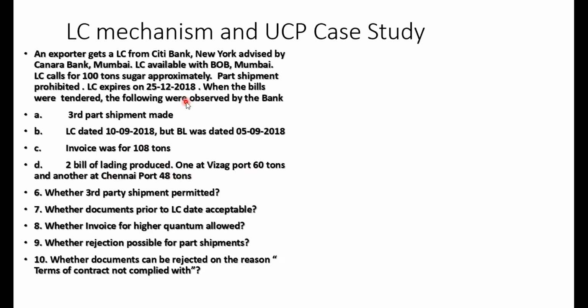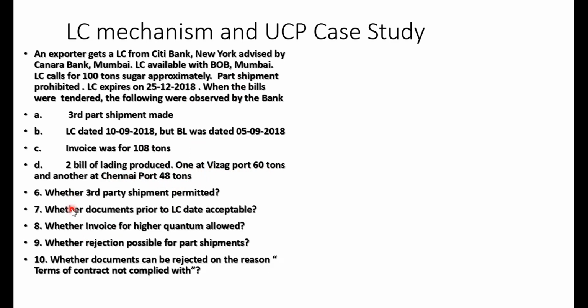Now, is it treated as part shipment? No, provided it is loaded in the same ship, same voyage. Because when it reaches the destination, it will go as 108 ton only. Though it is loaded here and there, it should be in the same ship. So that doesn't become a part shipment.